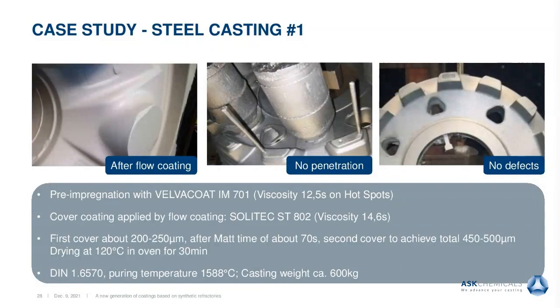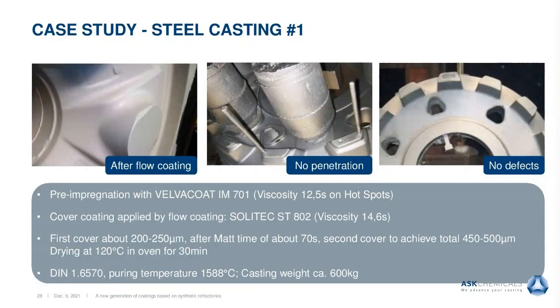And then we applied the cover coating Solitec ST802 at 14.5 seconds. With the first cover by flow coating, we achieved 200 to 250 microns, and after mat time, a second flow coating was applied, wet on wet, and we achieved in total 450 to 500 microns.